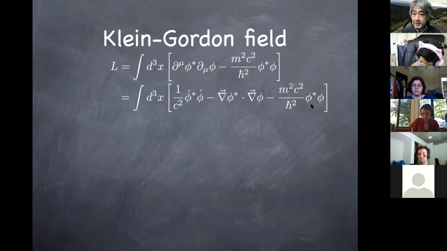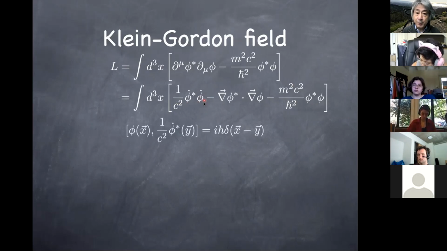And this term is just the same as the first line. And looking at this expression, I can identify phi dot. So by taking the phi dot derivative, I can identify the canonically conjugate momentum, which is 1 over c squared phi dot star. So then I know what the correct canonical commutation relation is, which we already used many times for the Schrödinger field. I'm just applying the same idea.